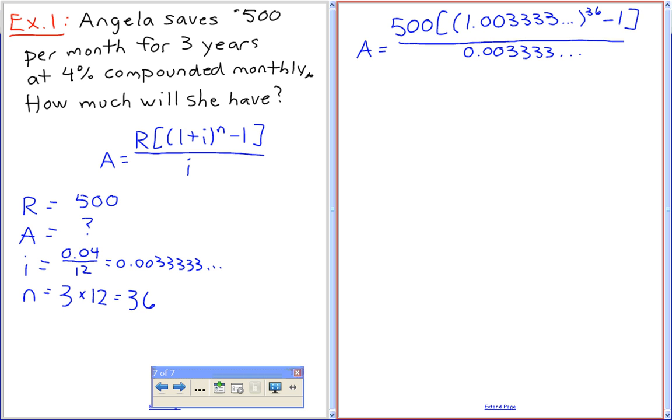Now, there's many different ways you can do this. You guys can just do the calculation yourself any way you want, and I'd probably write it on your page. What I would do, Kayla, for this, this is the way I do it on my calculator.